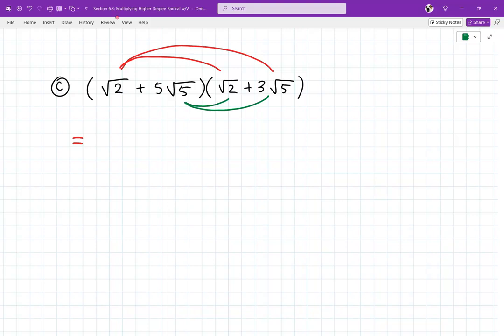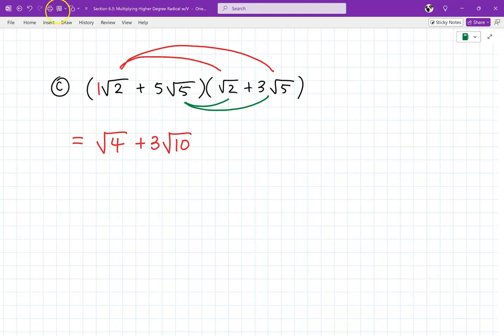So I'm going to start off with radical 2 times radical 2. That's radical 4. Radical 2 times radical 2 is radical 4. Now, radical 2 times 3 radical 5, that's 3 radical 10, because 2 times 5 on the inside becomes a 10. The 3 times 1, remember there is a 1 here, 3 times 1 is just 3.